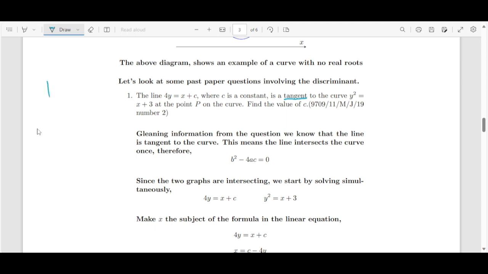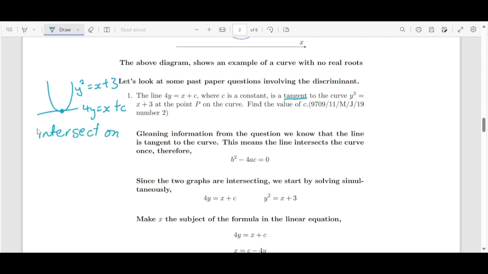All right, so we are told that the line 4y equals x plus c is tangent to the curve y squared equals x plus 3. Since it is a tangent to the curve, it means they only intersect once.